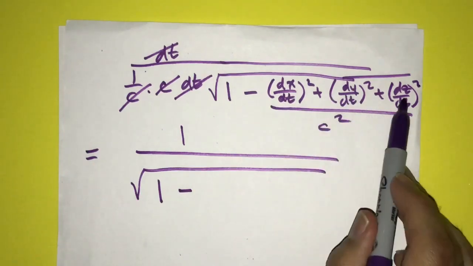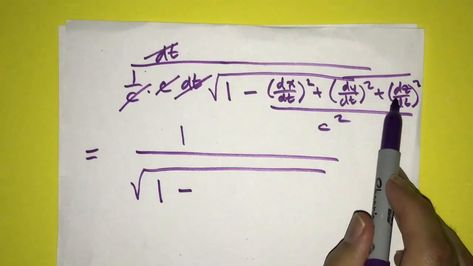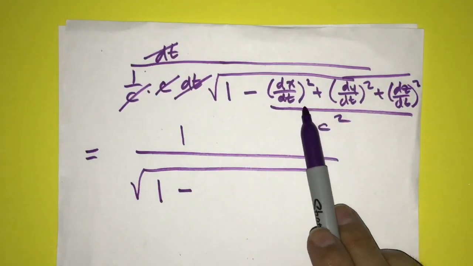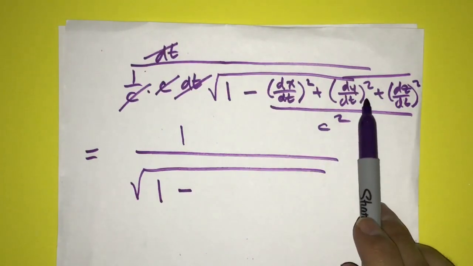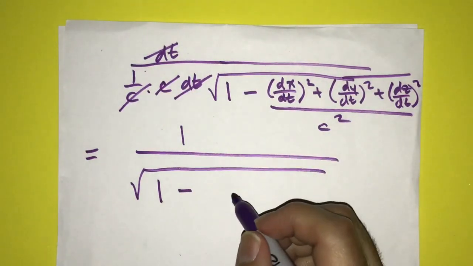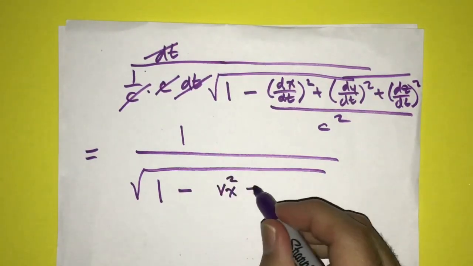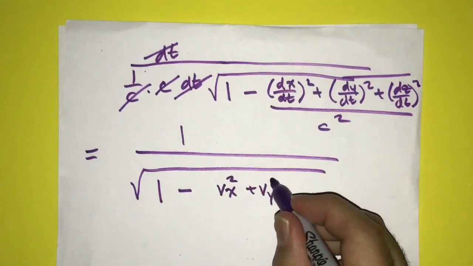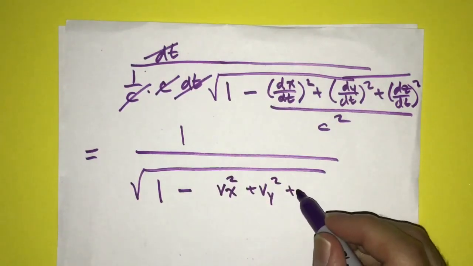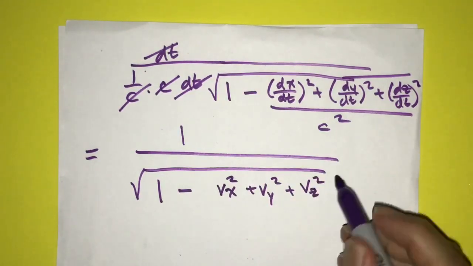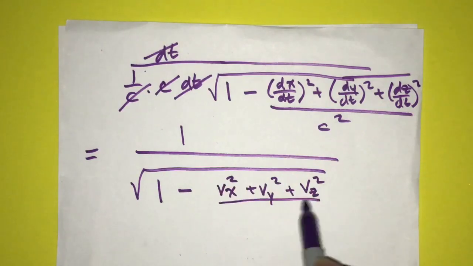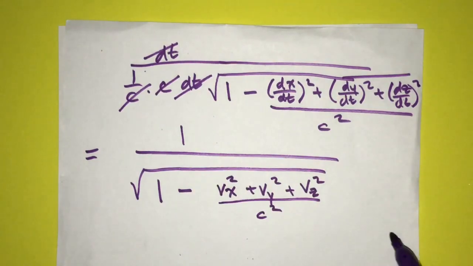This is just our velocity squared. So we get the x component of velocity squared plus the y component of velocity squared plus the z component of velocity squared, and we have all this being divided by the speed of light squared.